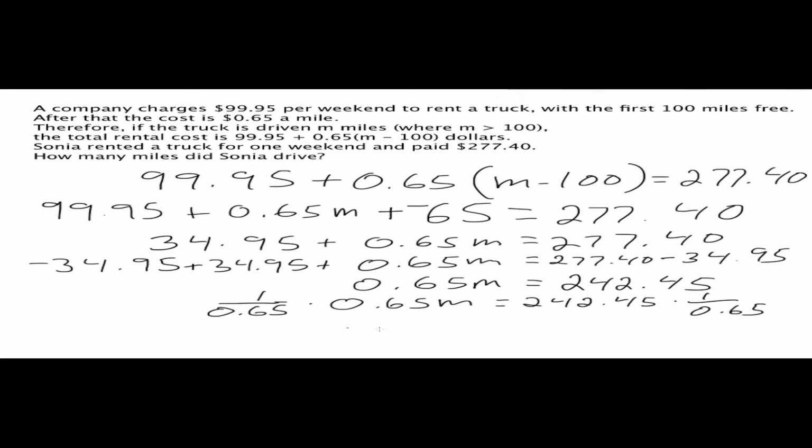And 0.65 divided by 0.65, that's 1, so I'm left with M, and M equals 242.45 divided by 0.65 equals 373. What are we looking for? Miles.